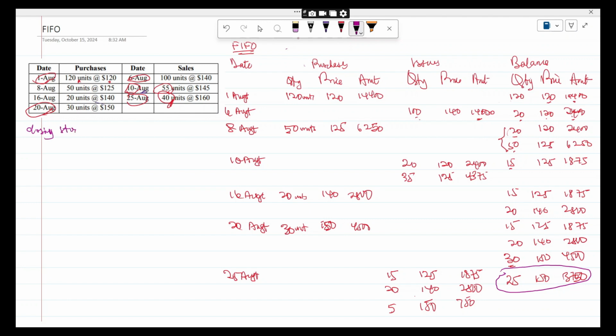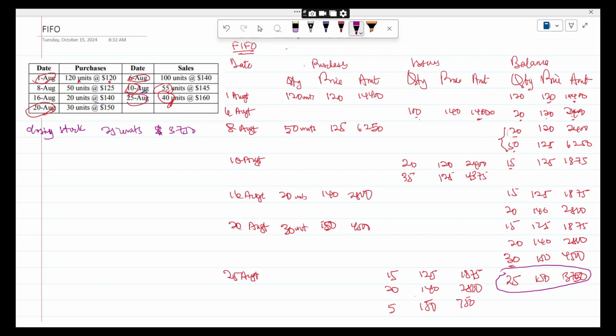The closing stock is 25 units at a cost of $37.50.